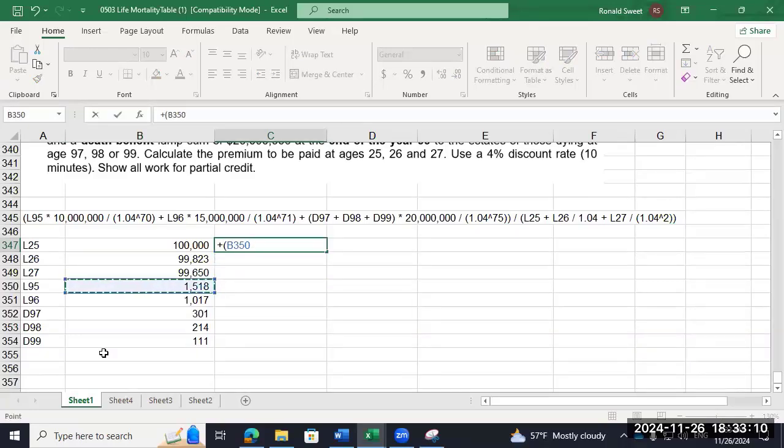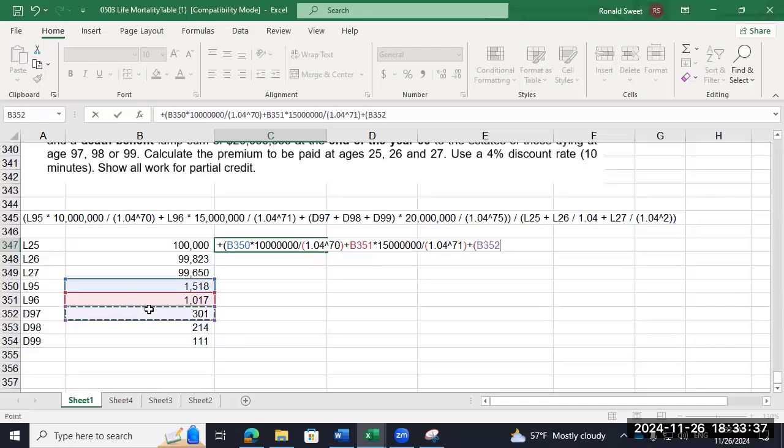So L95 times 10 million divided by 1.04 to the 70th plus L96 times 15 million divided by 1.04 to the 71st plus D97 plus D98 plus D99 times 20 million divided by 1.04 to the 75th.